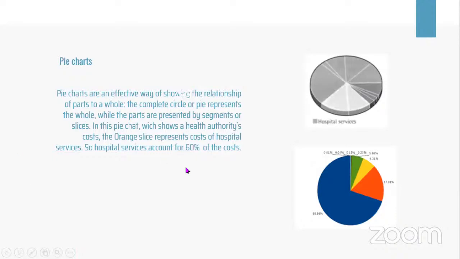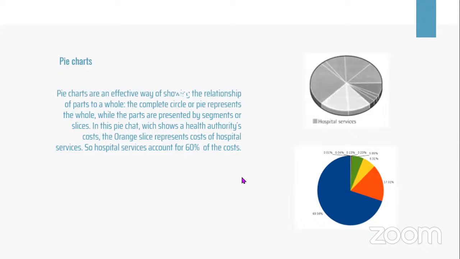Vale Guerra, can you read this part, please? Sure. Pie charts. Pie charts are effective ways of showing the relationship of parts to a whole. The complete circle of the pie represents the whole, while the parts are represented by segments or slices. In this pie chart, which shows a health authority's costs, the orange slice represents the cost of hospital services.